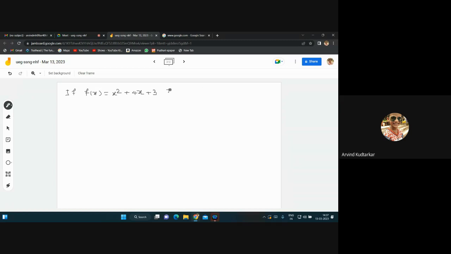Then find f of 1 plus f of -2, the sum of the functions. So in this function, substitute x is 1. When x is 1, f of 1 is equal to 1 square is 1, plus 4, plus 3. 3 plus 4, 7, plus 1, that is 8.